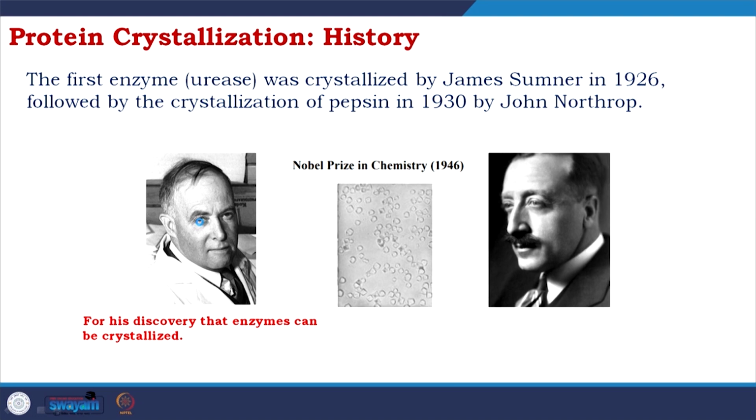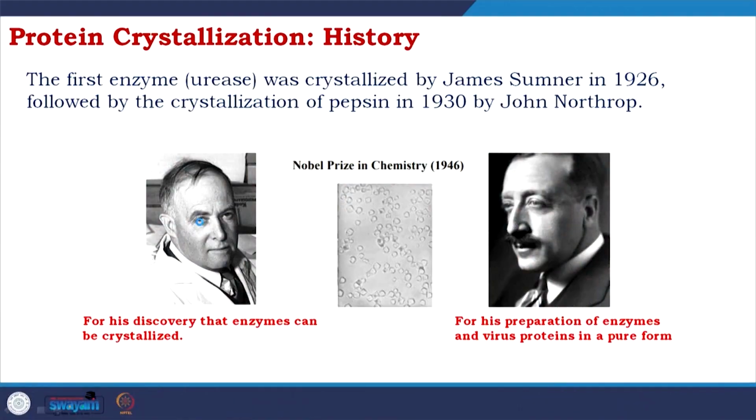This is a very interesting and revolutionary step towards the development of the technique, which is protein crystallography. And Northrop was recognized for the preparation of enzymes, and more importantly, he worked on viruses and introduced virus proteins in pure form.